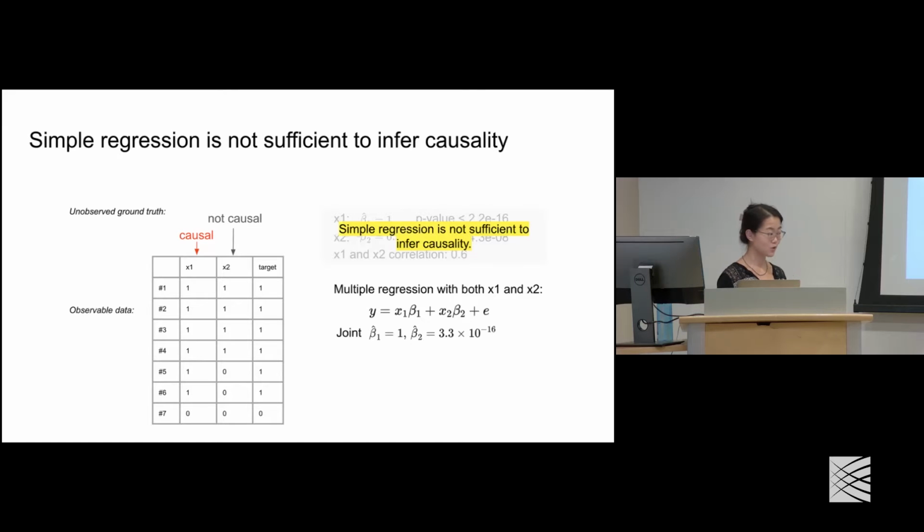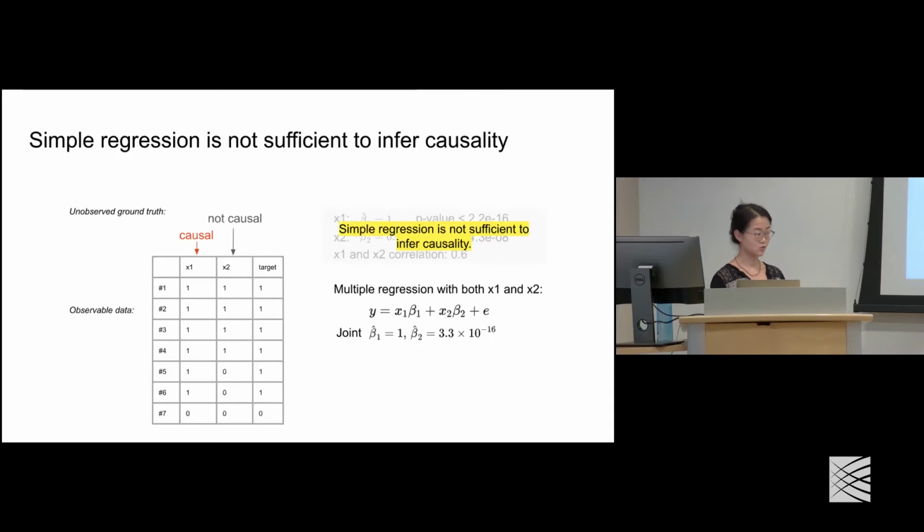So what can work is that you can use multiple regression to fix this. You can let the model see both x1 and x2. Upon giving the model both vectors, it immediately figures out that it does not need x2 at all. So the joint beta 1 hat is 1, and the joint beta 2 hat is 0, basically. I didn't make these numbers up, by the way.